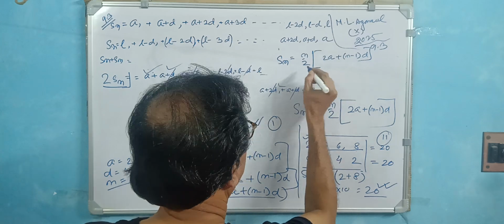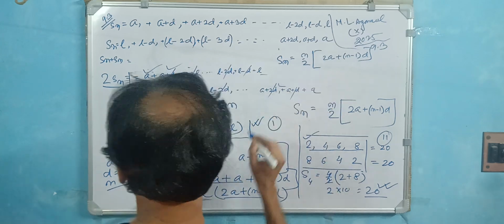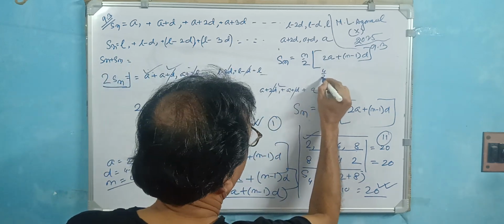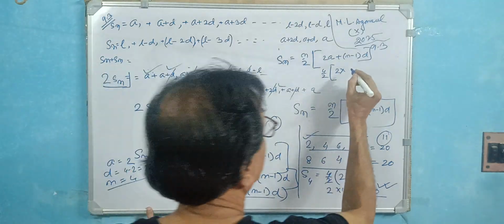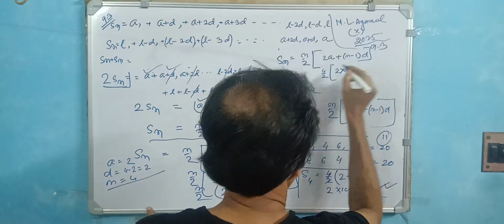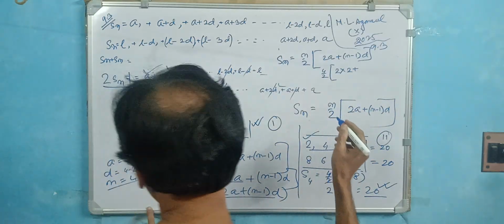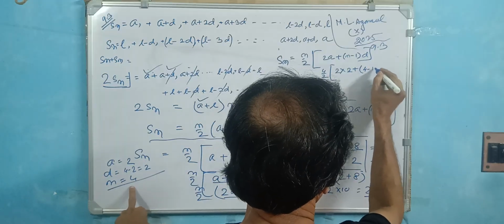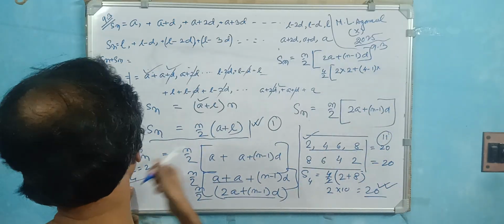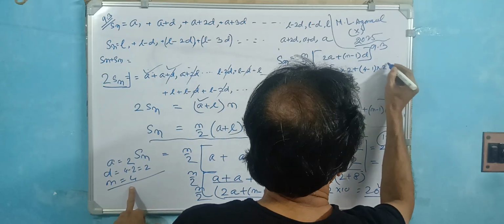The sum of this Sn. So this is n by 2, n is 4. 4 by 2 (2a, a is 2, plus n - 1 where n is 4, so 4 - 1, into d, d is 2). Just an example.